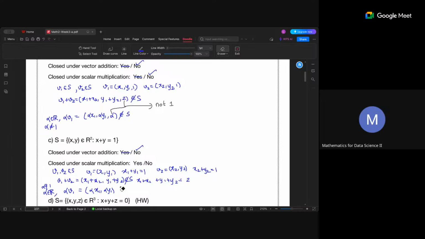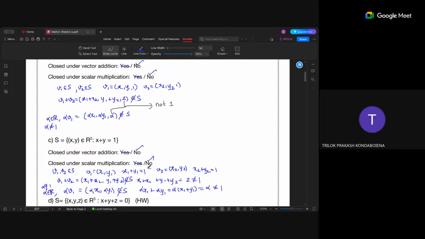What is the sum of the coordinates? Alpha times x1 plus y1. So this is just alpha. And this is not equal to 1. Right? So again, this does not belong to S. So this is not closed under scalar multiplication.